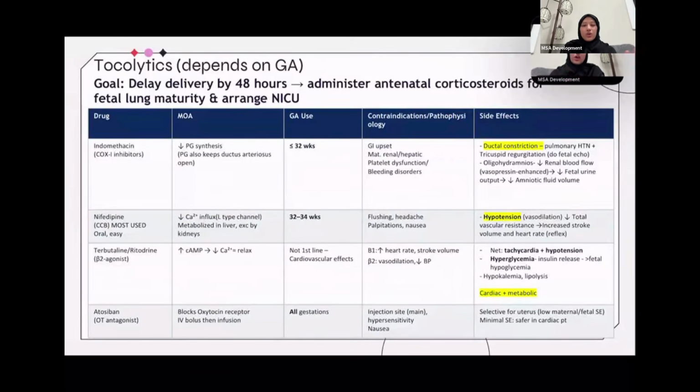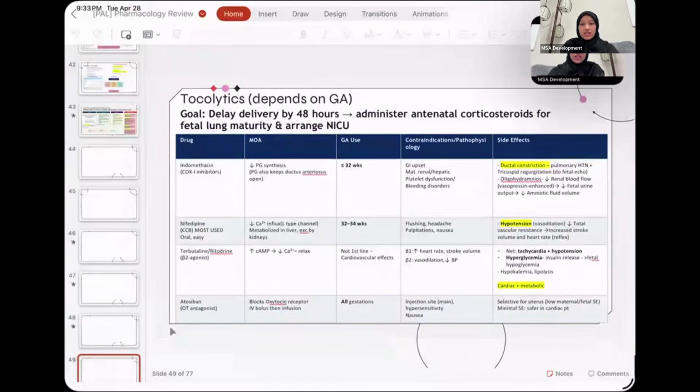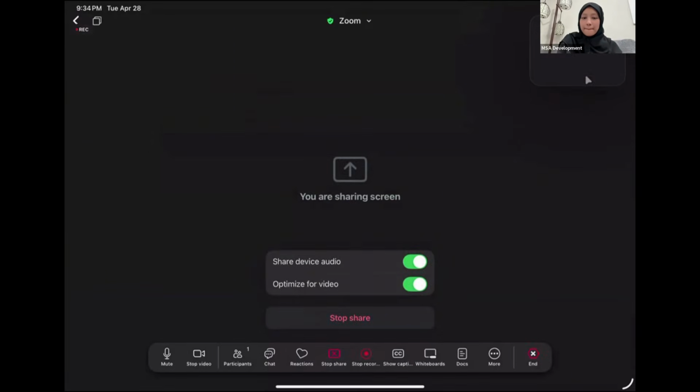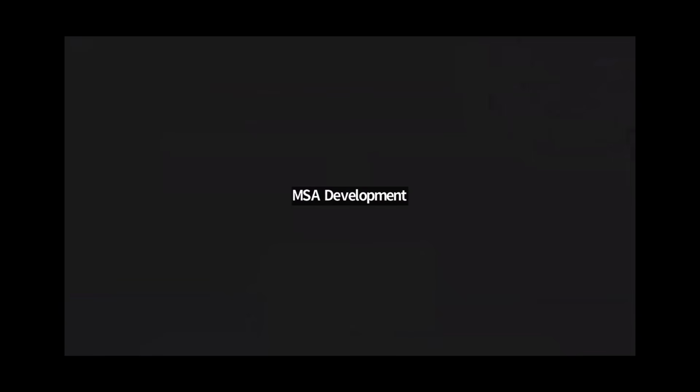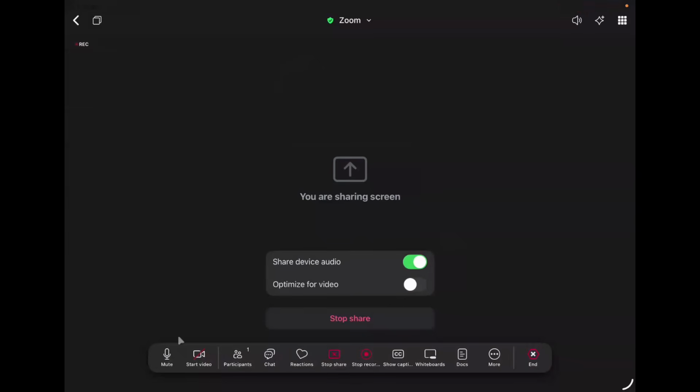Okay. Now we will move to tocolytics. Just give me 1 second. Sorry. Okay, so let me continue.